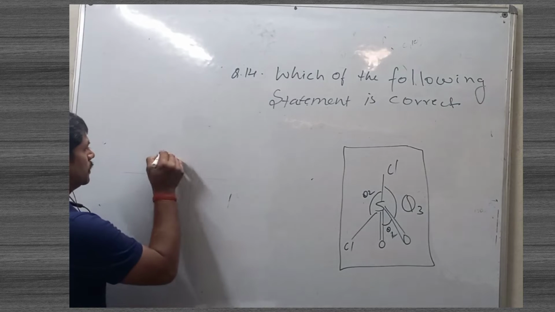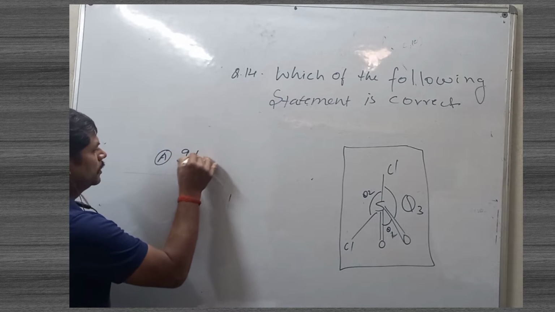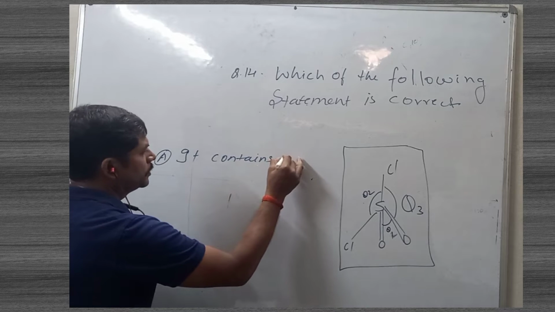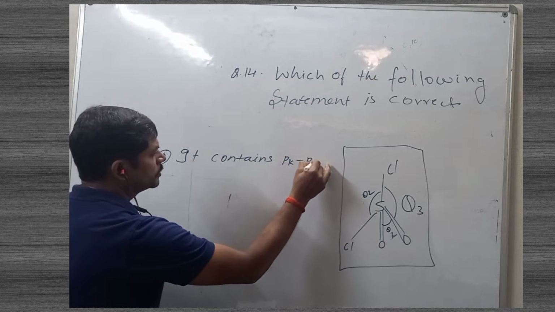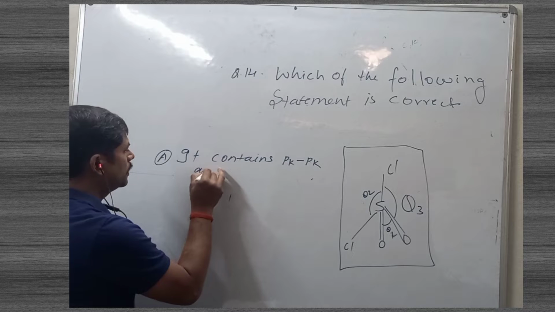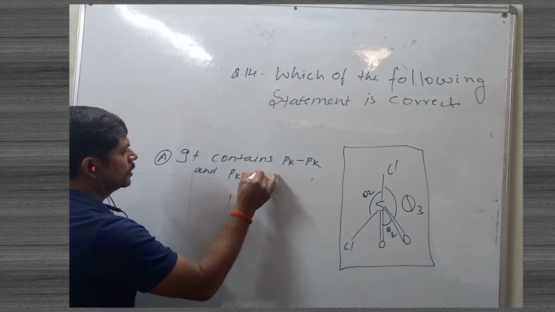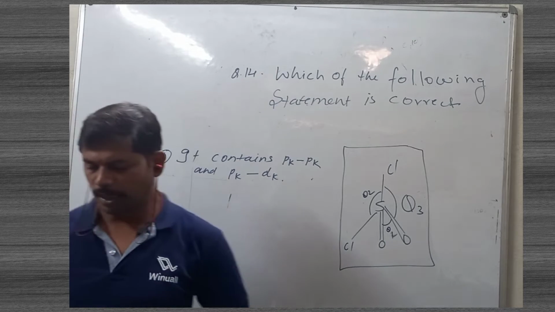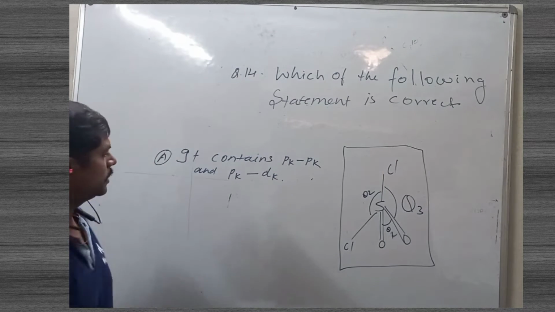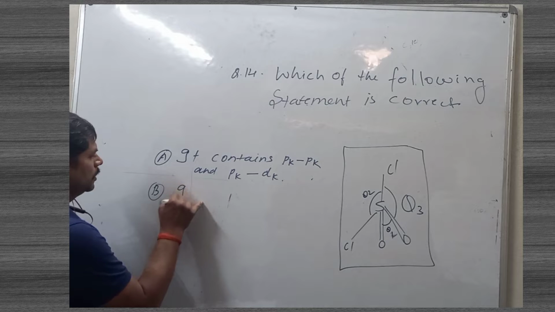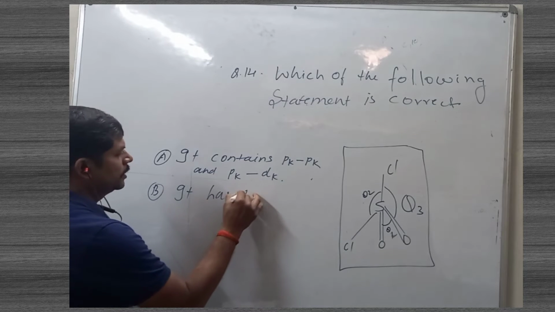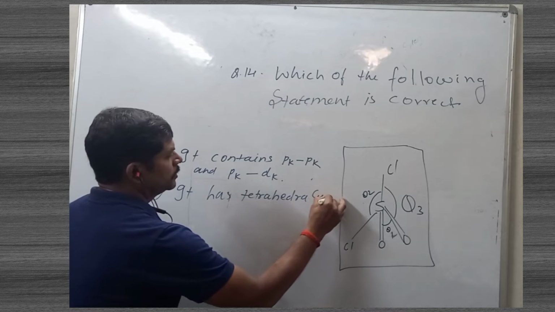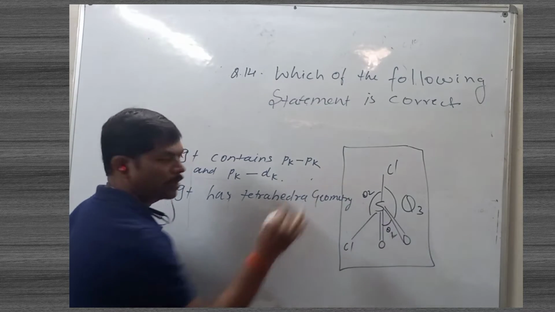It contains PK and PK, DK. So this is the first option. Second option, it has tetrahedral geometry, right?